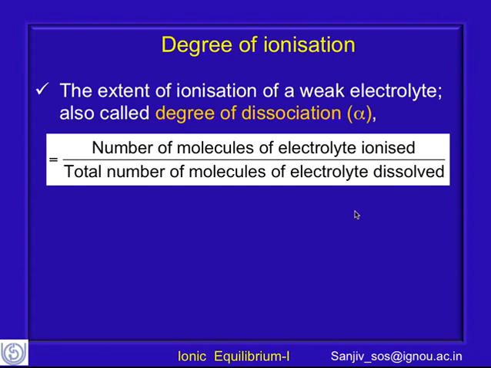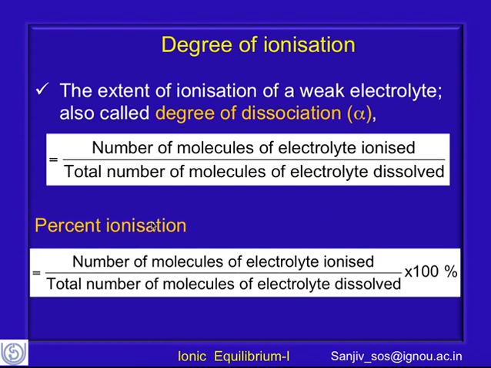There is another way of quantifying this, which is called percentage ionization. It is the number of molecules of electrolyte ionized divided by the total number dissolved, the same as the degree of ionization, but if you want to express it as a percentage, you multiply by 100, because this is a fraction. Say it is 0.013; if I multiply by 100, that becomes 1.3.